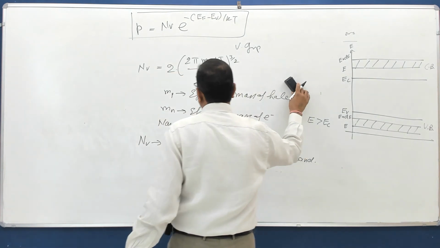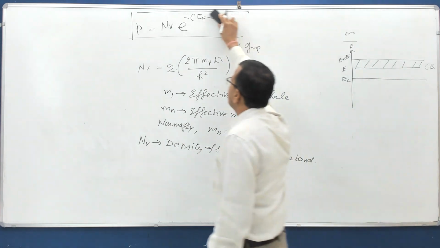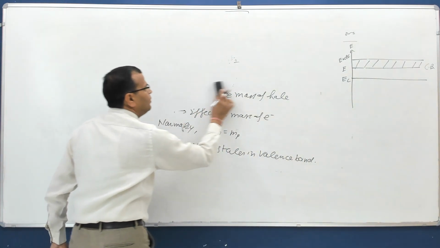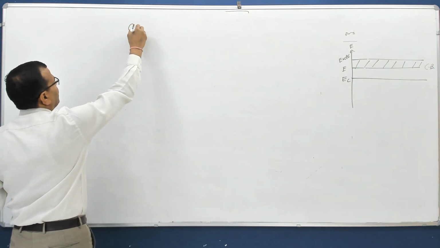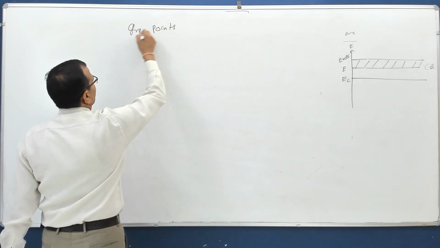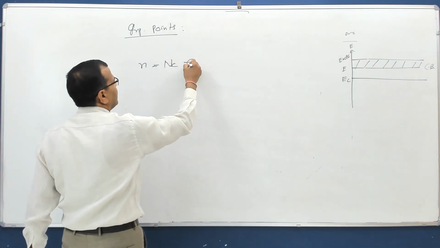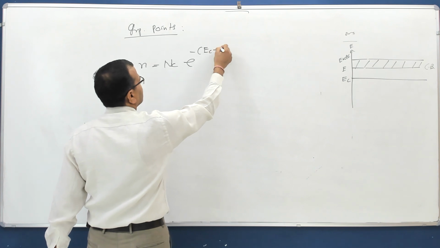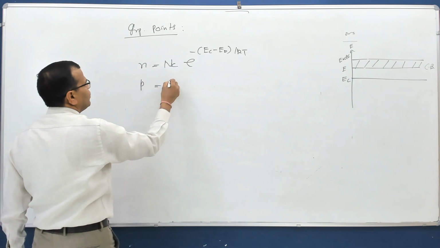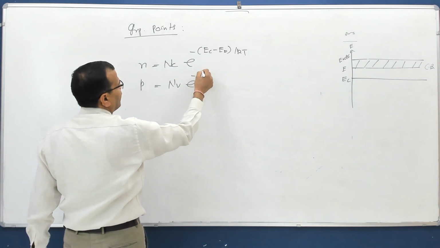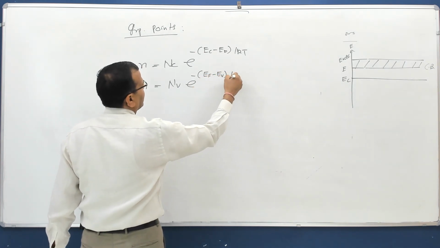Just to revise whatever we have done, you should remember the important points from this topic. N is equal to Nc e raised to power minus (Ec minus Ef) by kT, and P is equal to Nv e raised to power minus (Ef minus Ev) by kT.